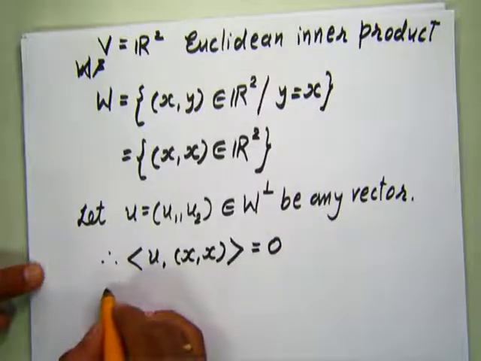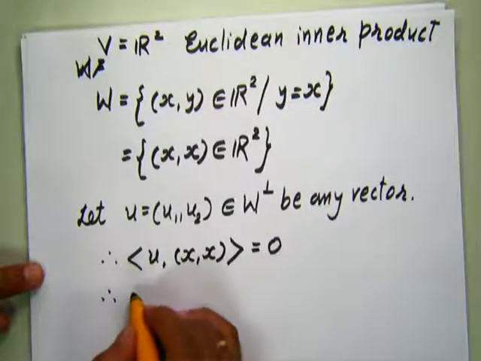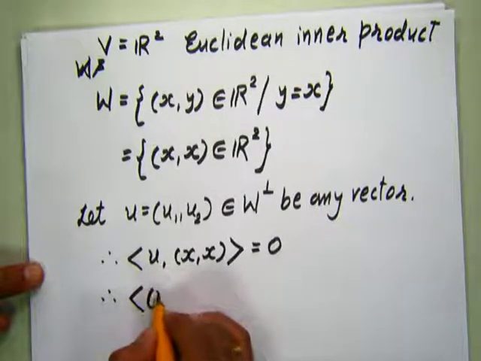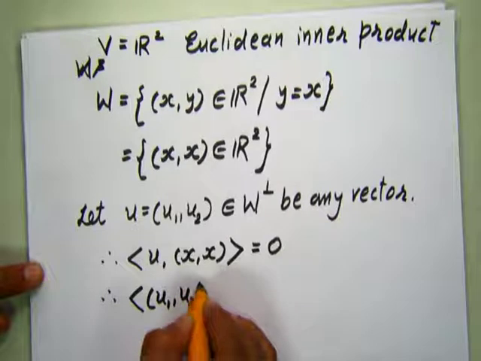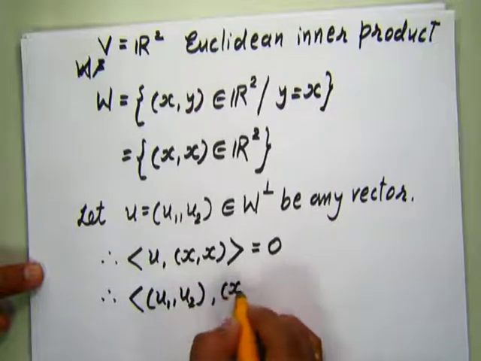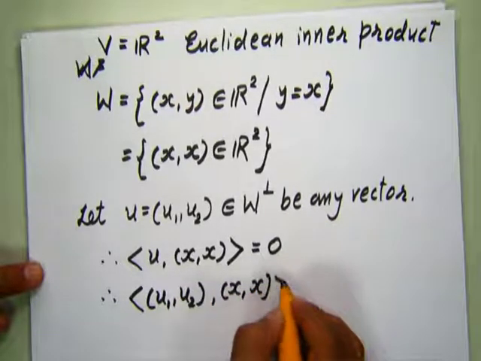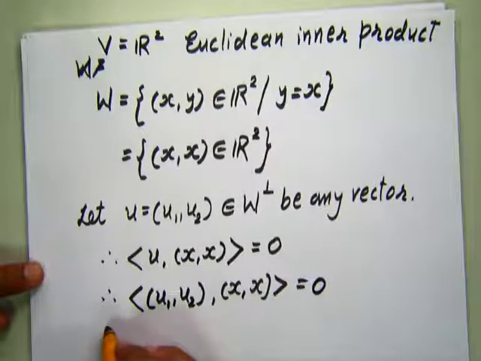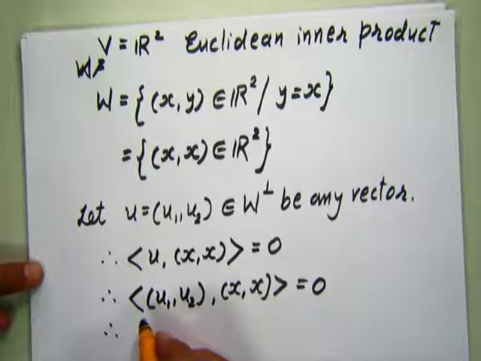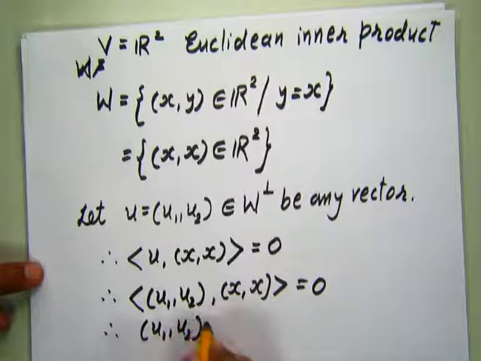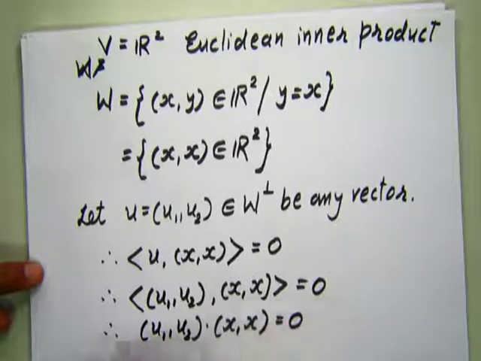So this is the inner product of (u1, u2) with (x, x) equal to 0, and here the inner product is the Euclidean inner product on R2, so it is the dot product (u1, u2) dot (x, x) equal to 0.